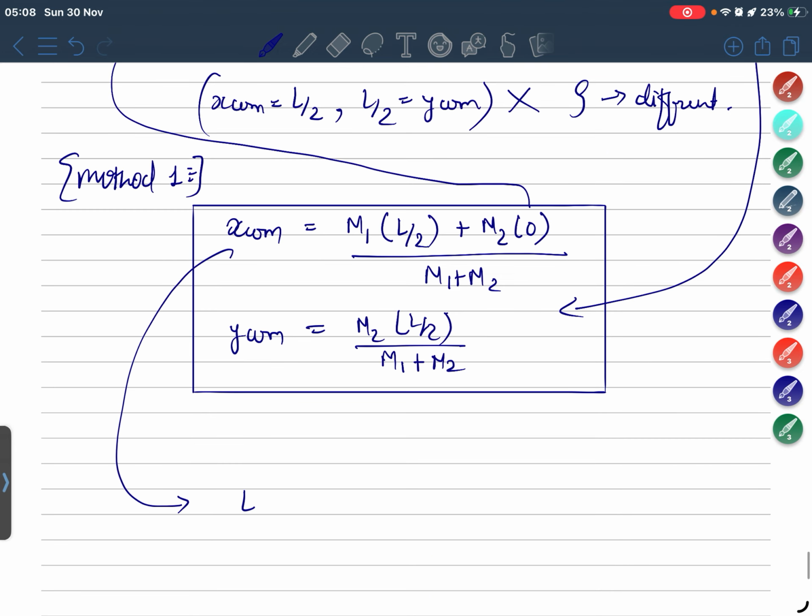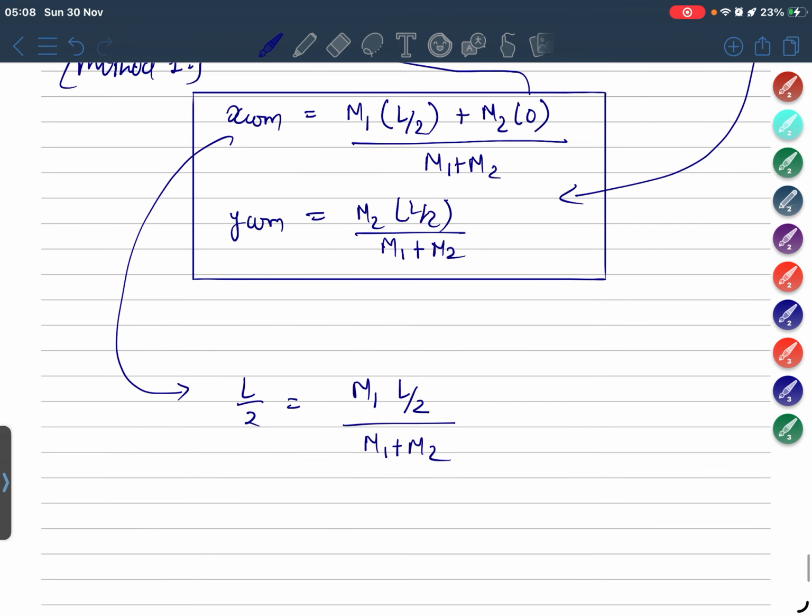So if I put L by 2 as XCM, then it will become M1 L by 2 divided by M1 plus M2. From here L by 2 gets cancelled out and I will get M2 equals 0. The condition is if XCM is L by 2, then M2 should be 0.